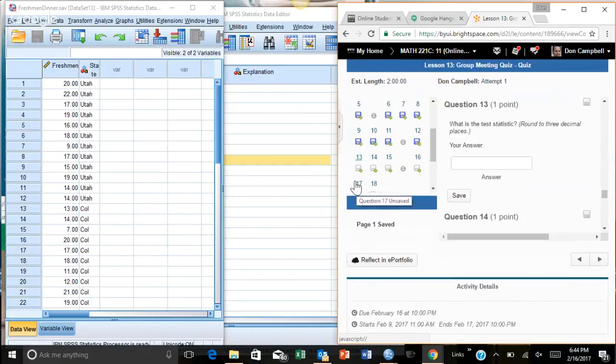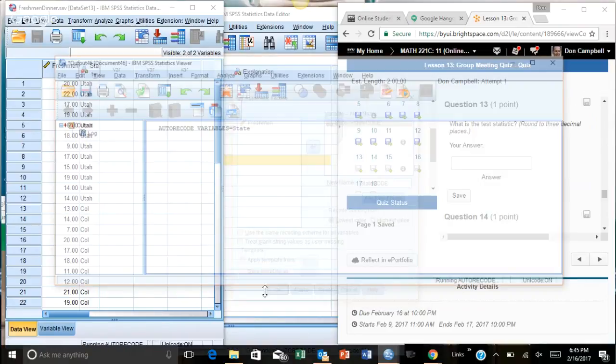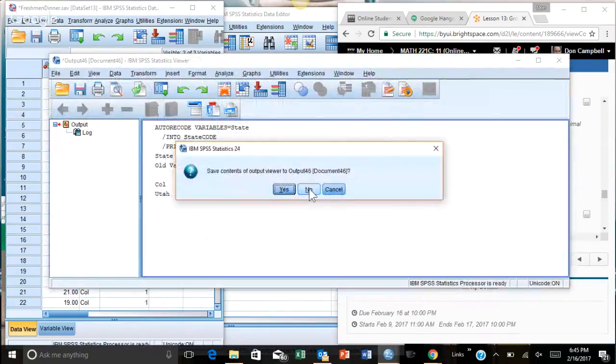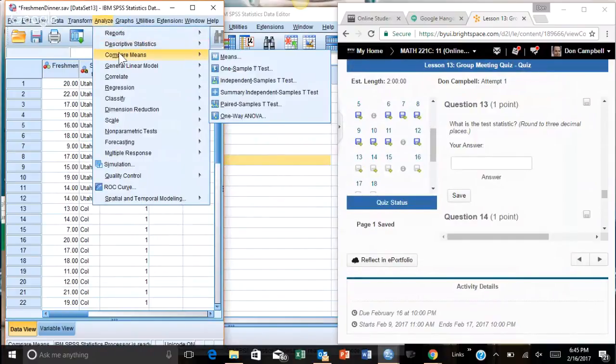What is the test? Okay, so now we have to do this again. Transform, automatic recode, state. Okay, now we have the codes, so now we go to analyze.